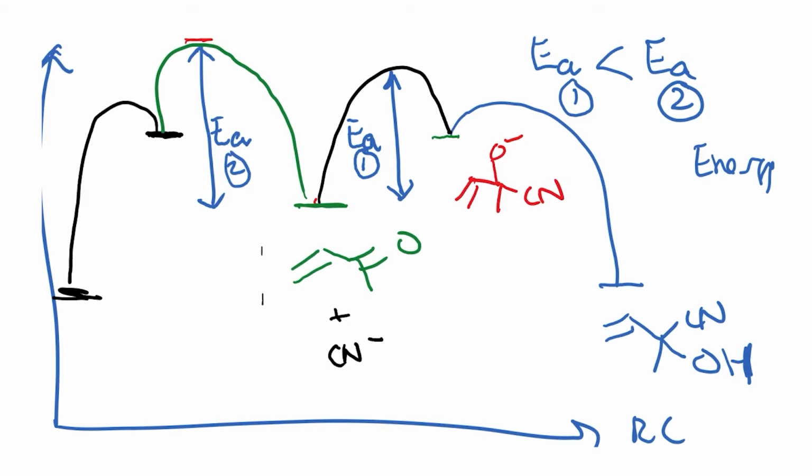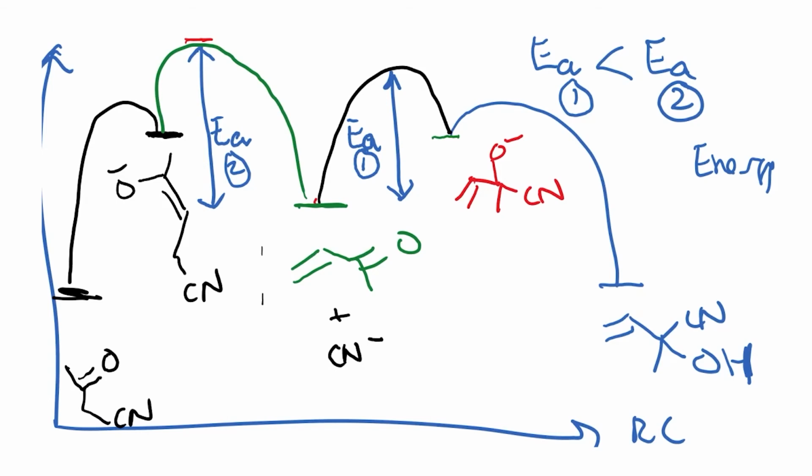Okay, so here is the initial intermediate, the enolate O minus, and the final product is the conjugate addition product. All right, so now the important point here is that this EA2 is going to be greater than EA1.